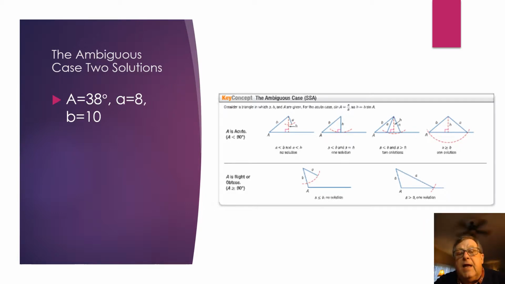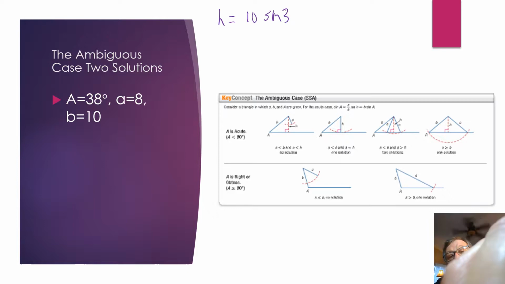And I can see that A is less than B, and we're still going to need to calculate H, because we've got to compare side A to the height. And so H, the height of this triangle, is equal to the side B, 10, times the sine of 38.